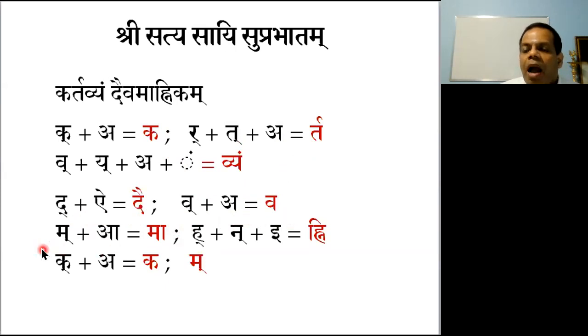The next letter is ma, plus a, which is the longer akara, gives you ma. Just watch this vertical line or staff, extra staff next to ma. This is a compound consonant comprising of 3 letters, in, and e.